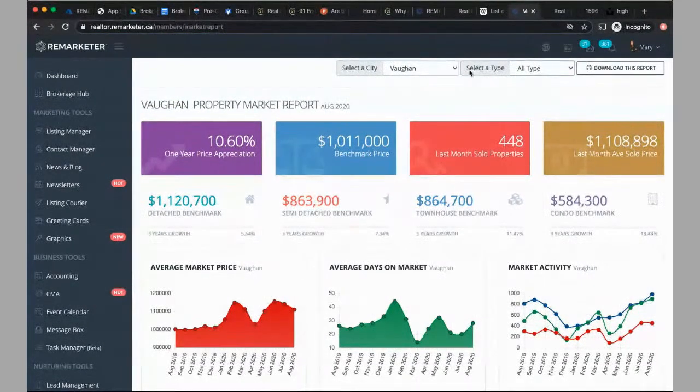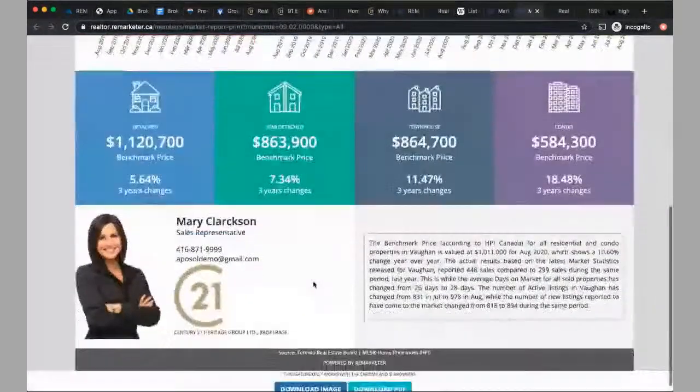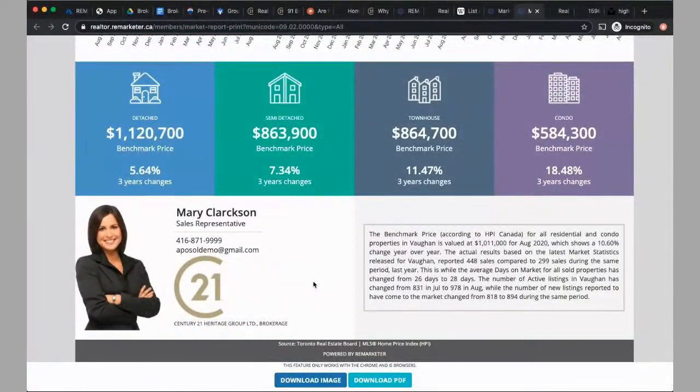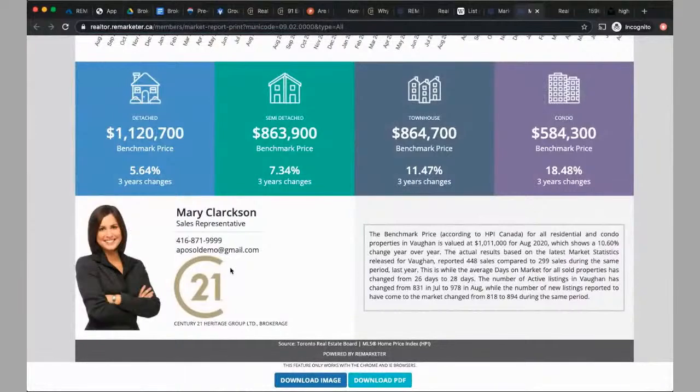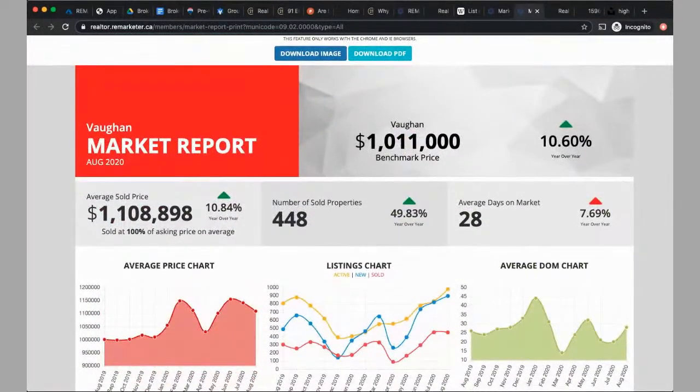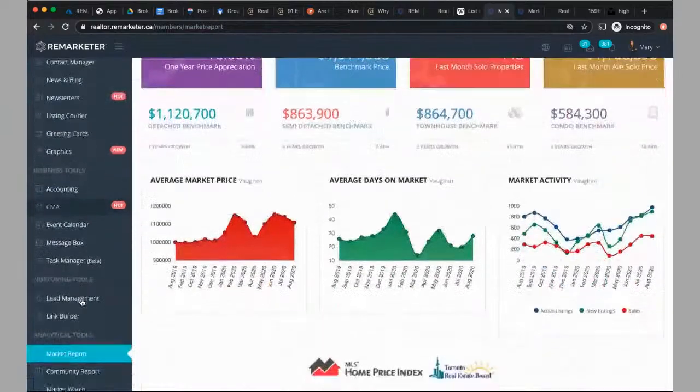You can also select a property type, or you can download this report as a printable and shareable infographic, which is branded to you and ready to be sent out and shared. So this is one module that's available.